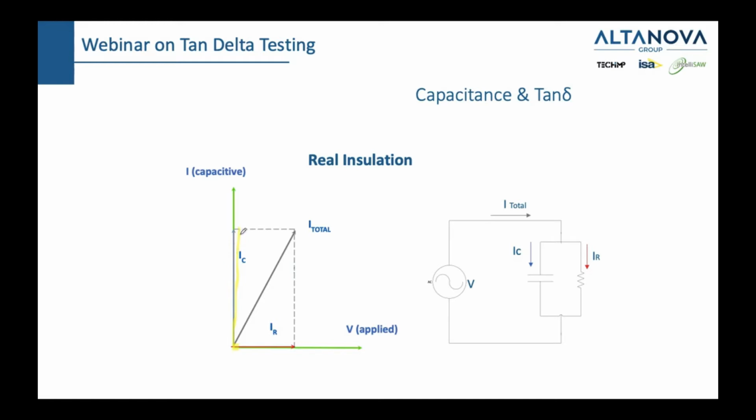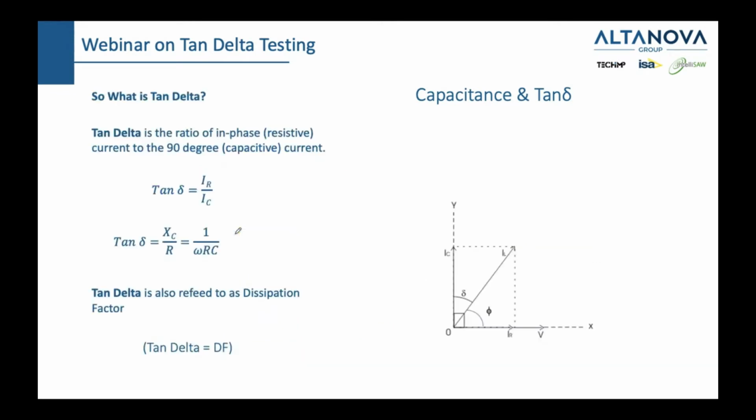And just to give you a heads up, you see this small angle here? This small angle would be your delta. And you will see that just a small angle delta might wreak havoc on your primary equipment. So let us finally define what a tan delta is.